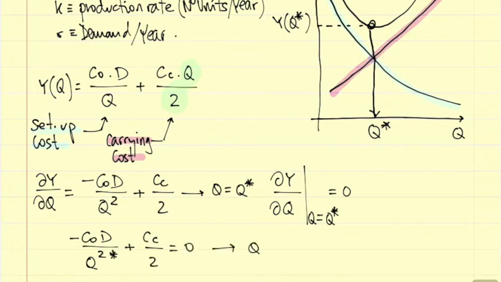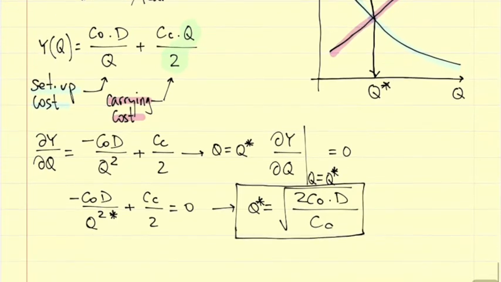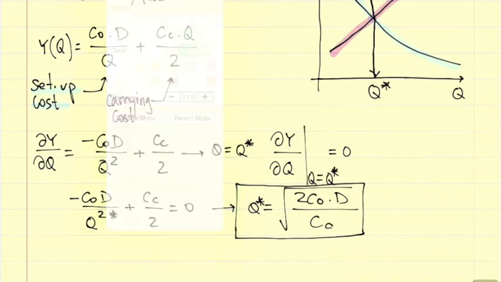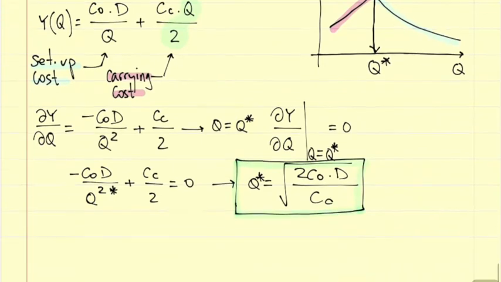And this means that Q star equals the square root of 2 times CO times D divided by CC. Okay, so this is already known from previous semesters. I just repeat it as a courtesy.